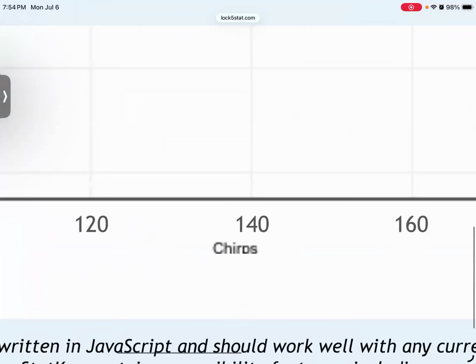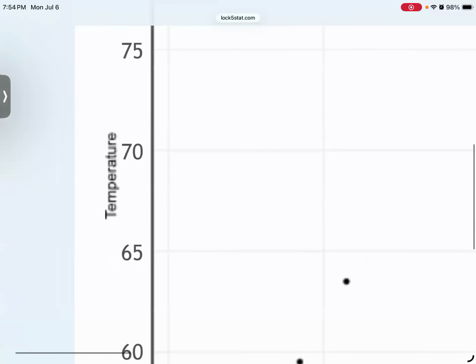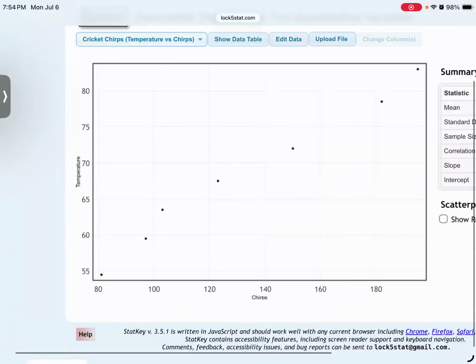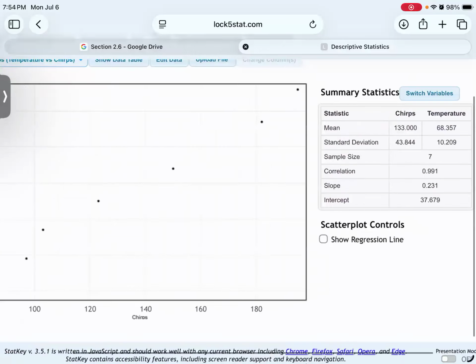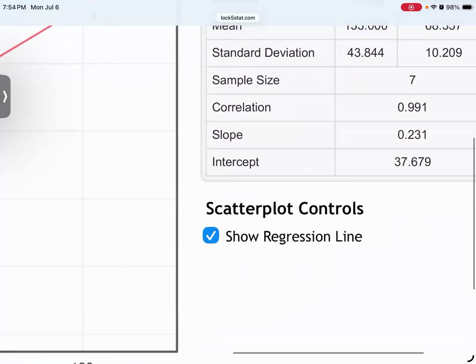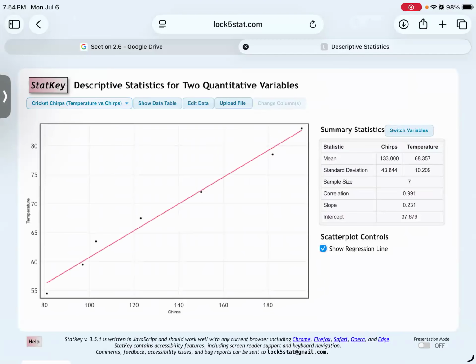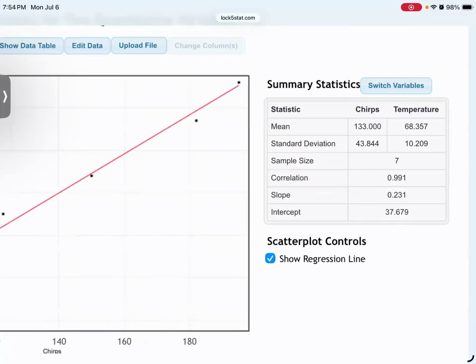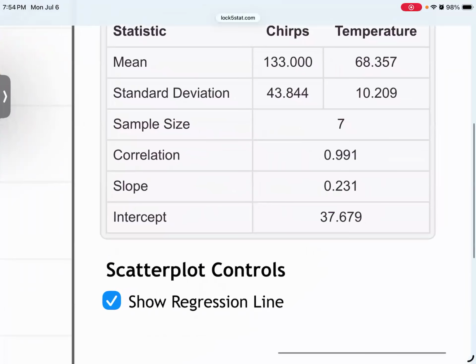And this is the way we want it. We want chirps down at the bottom. We're trying to see if chirps can be used to predict the temperature. Now you can click right here where it shows the regression line. That's just going to let it toggle back on and off and leave it on there. But the main reason why we're coming here, well, first of all, look at the correlation.